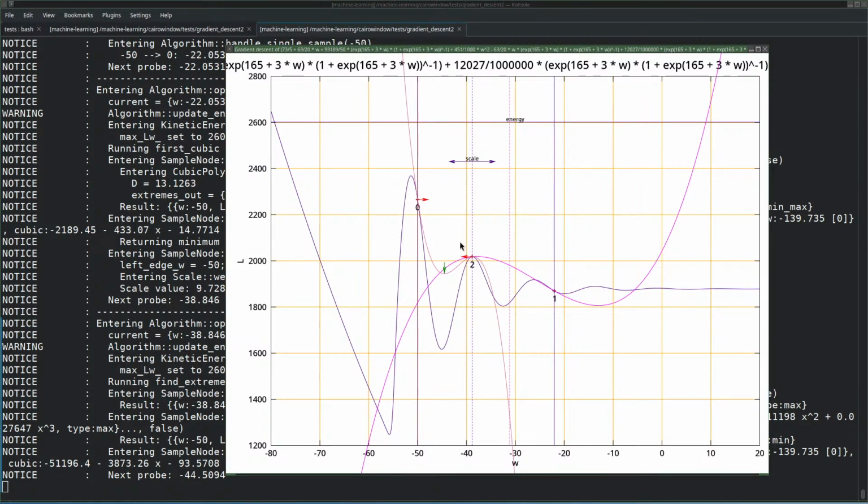I think what I can do best is analyze the cubic.